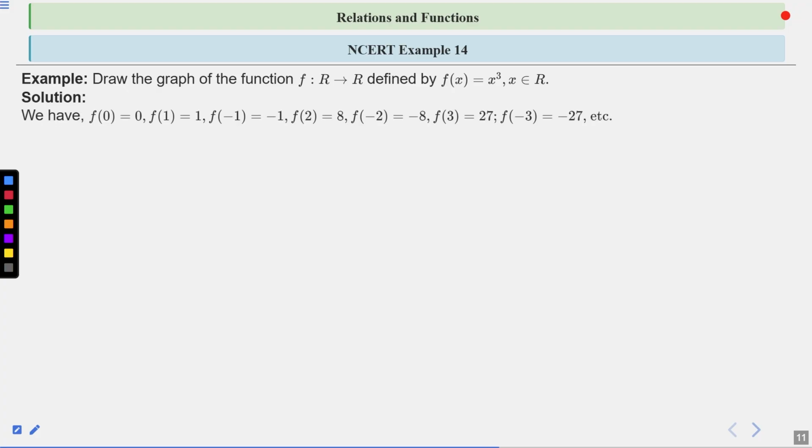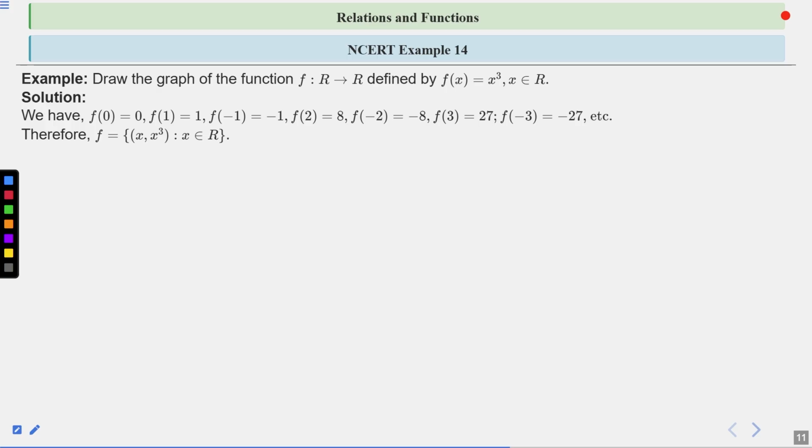So we are going to first of all find out some ordered pairs. So 0 is associated to 0, 1 is associated to 1, -1 is associated to -1, 2 is associated to 8, -2 is associated to -8, 3 is associated to 27, and -3 is associated to -27. And these points are enough to plot my rough diagram. Clear?